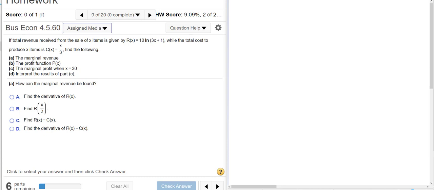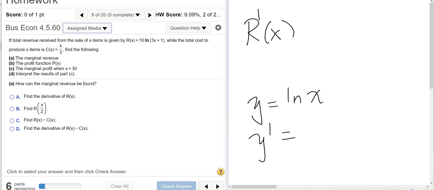So we're supposed to find the marginal revenue. Marginal just means the change. So to find the marginal revenue, we need to find R prime. Now remember, if y is the natural log of x, then y prime is 1 over x.